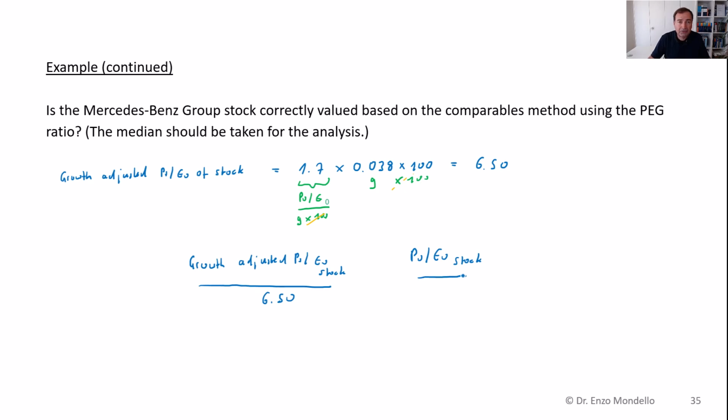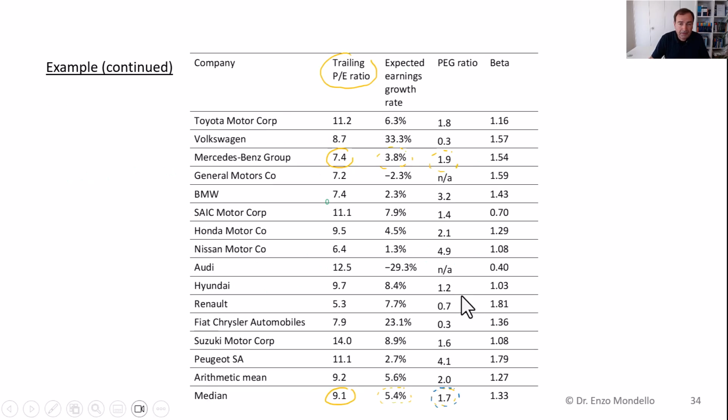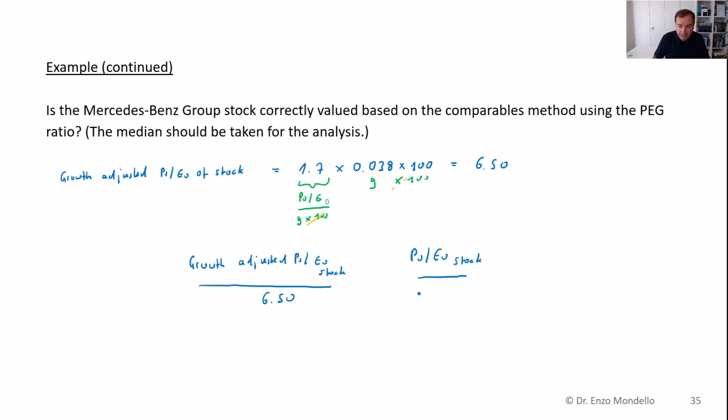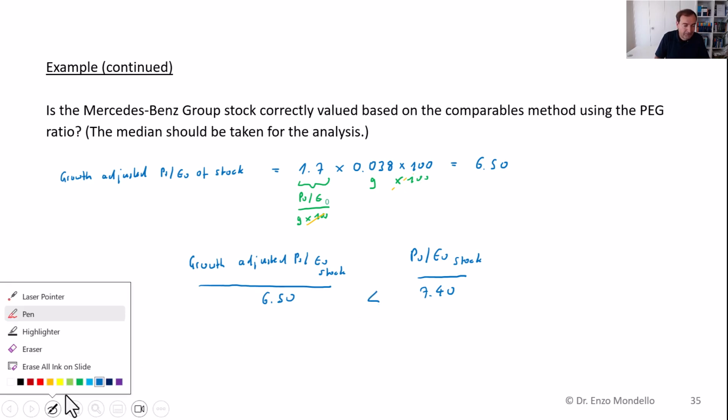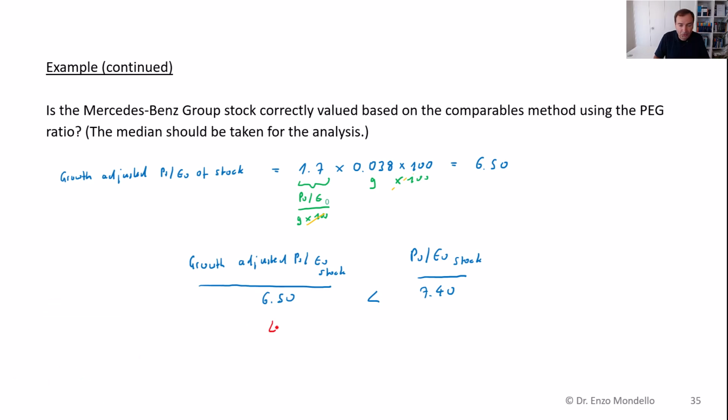So if you go back to the table, then we see that the Mercedes-Benz Group stock has a trailing PE ratio of 7.4, and that means that the stock does not anymore appear to be undervalued, but now overvalued, because the growth adjusted PE ratio of the stock is lower than the PE of the stock. And that obviously indicates that the stock appears to be overvalued.